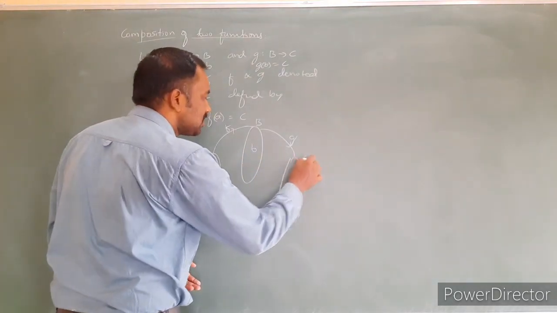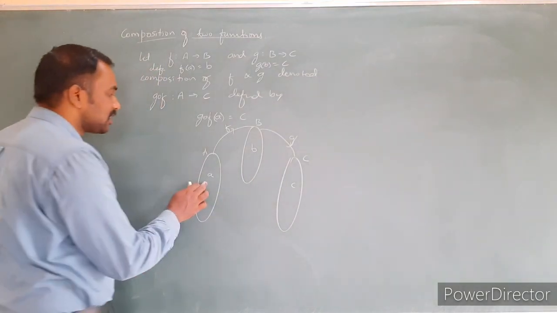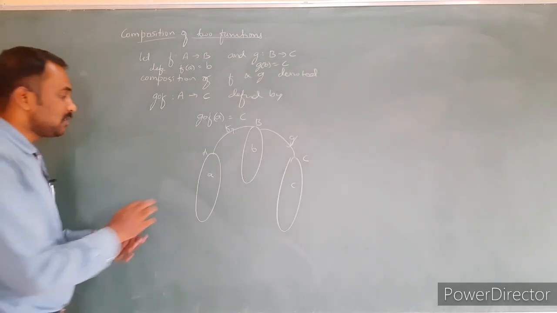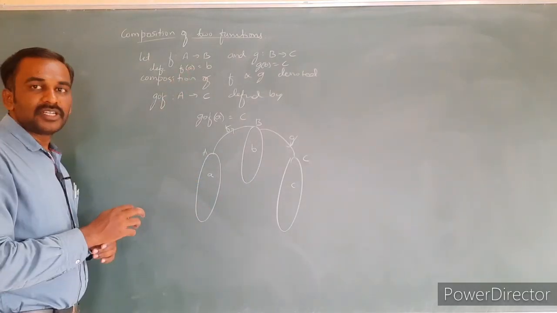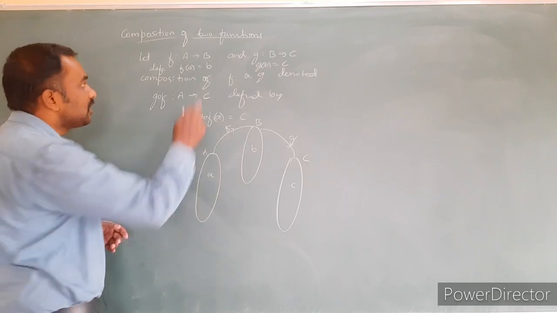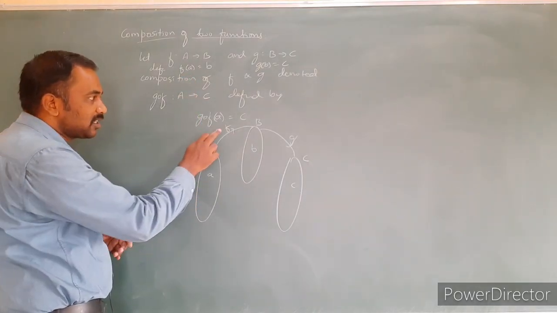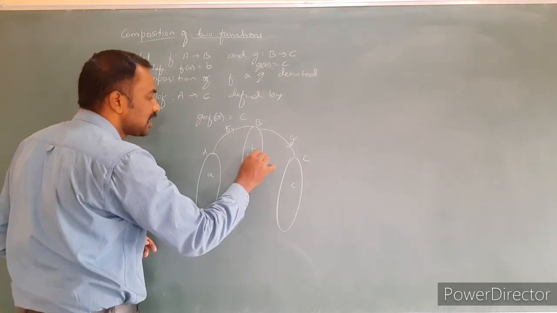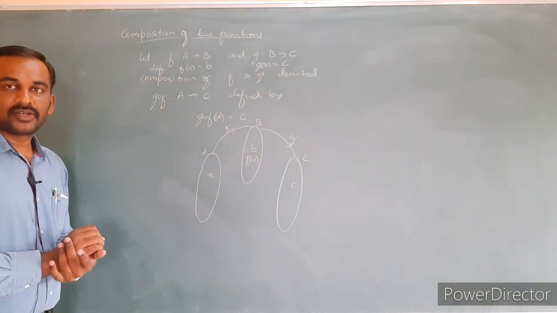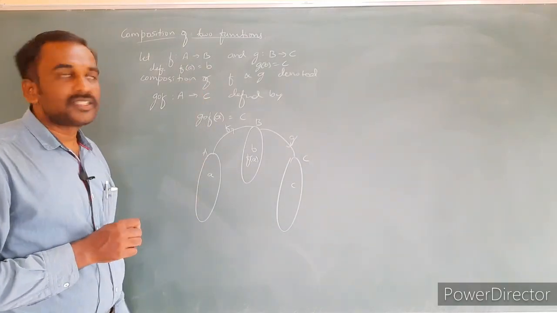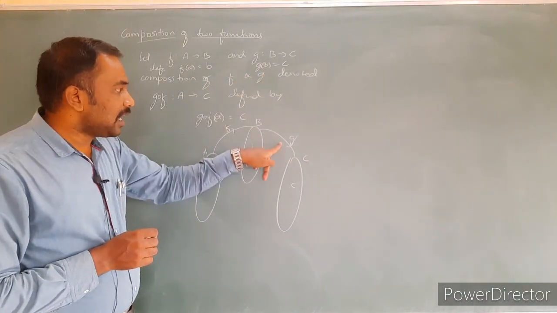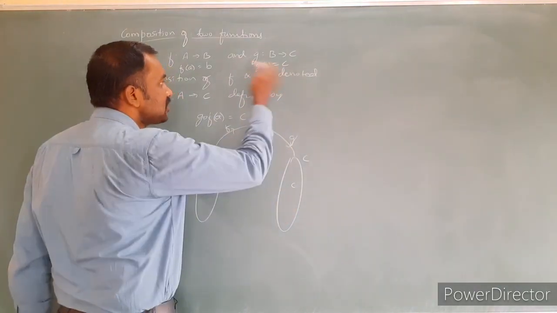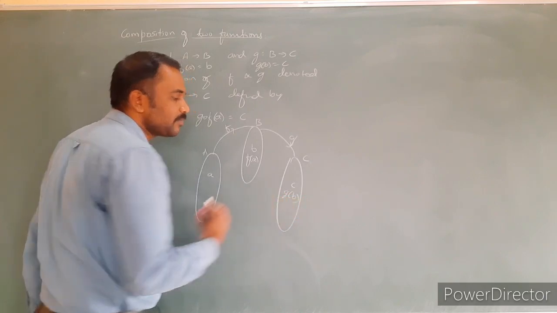So A, B, C are the three sets, and a, b, c are any three elements, with a belonging to A, b to B, and c to C. f of a is equal to b, the image of a under the function f is b. So b is equal to f of a. Similarly, the image of b under the function g is c, so c is equal to g of b.